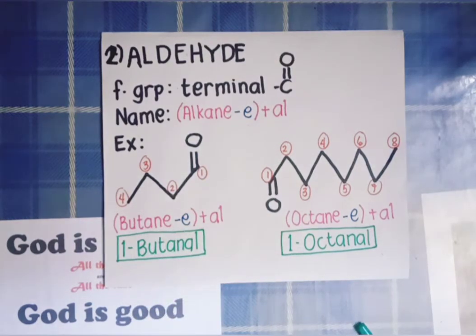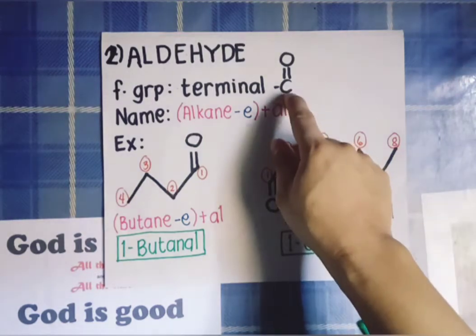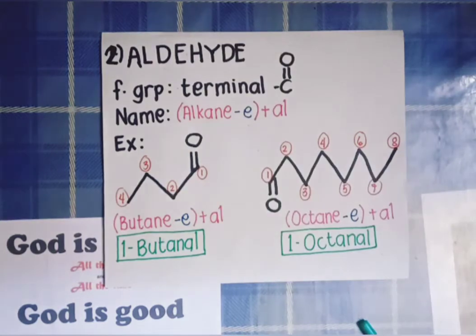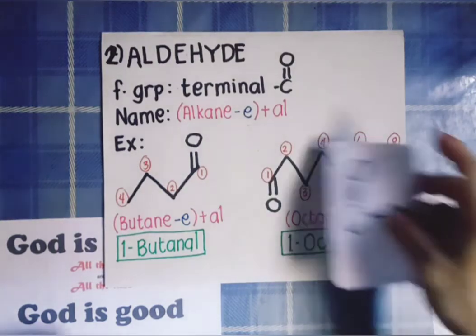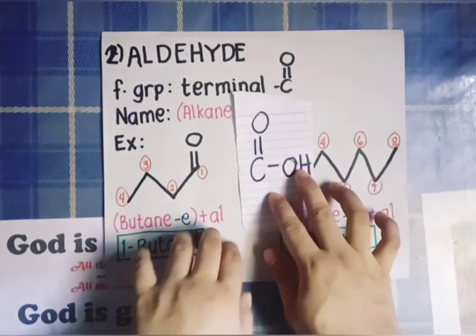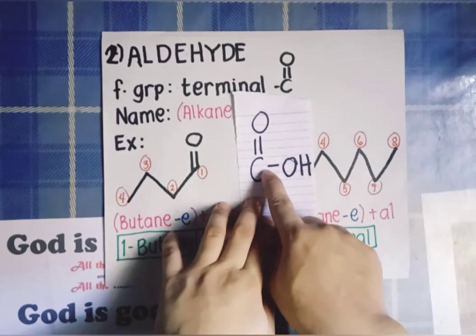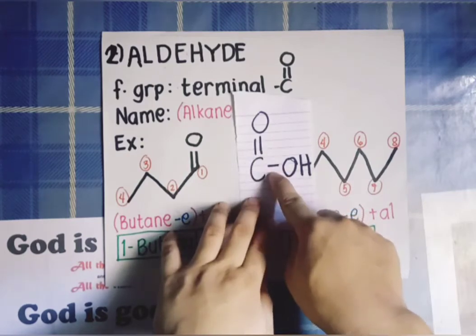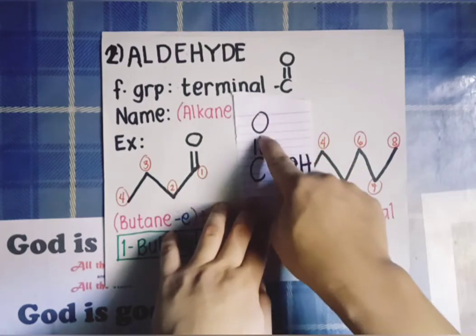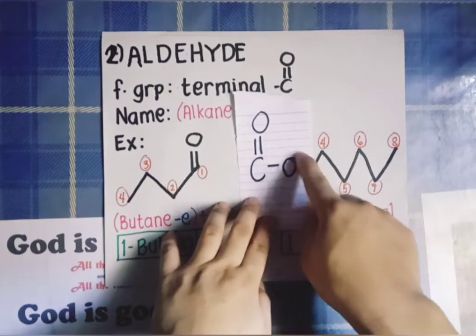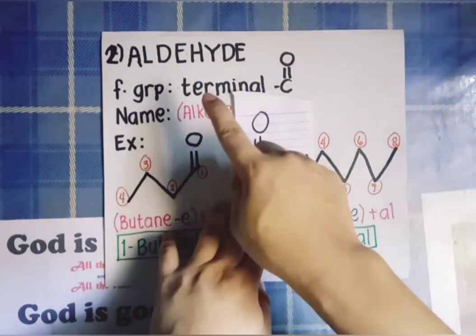Now what if, for example, our C double bond O can be found at the terminal side? But aside from C double bond O, the same carbon atom that bears the C double bond O also bears the OH group or the alcohol group, like this one. Is this still called aldehyde?